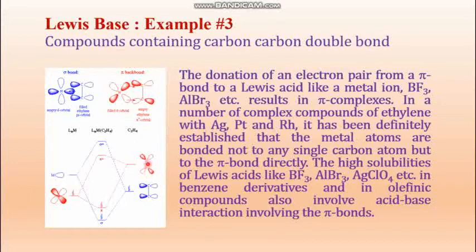Now both can combine with the empty orbital of a metal. If it is pi, then it can react with the empty d orbital like this, or if it is pi star, then it can react with the filled d orbital like this. So here a sigma bond is formed as a result, and here the pi back bond is formed as a result.